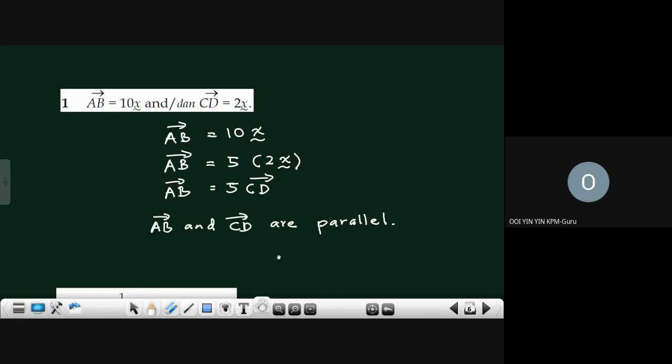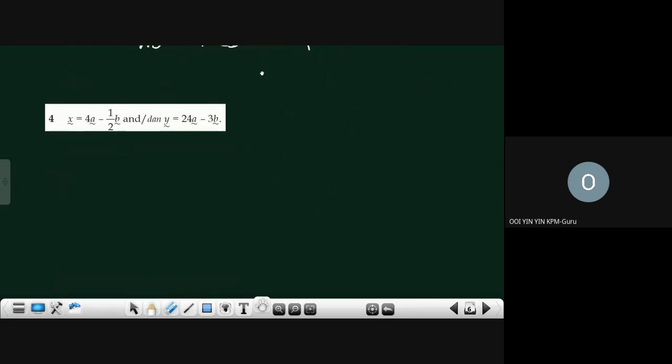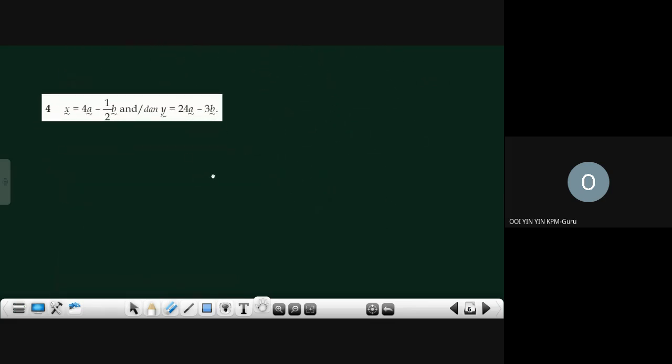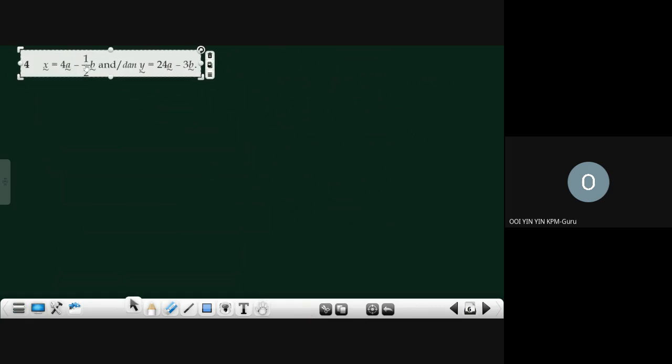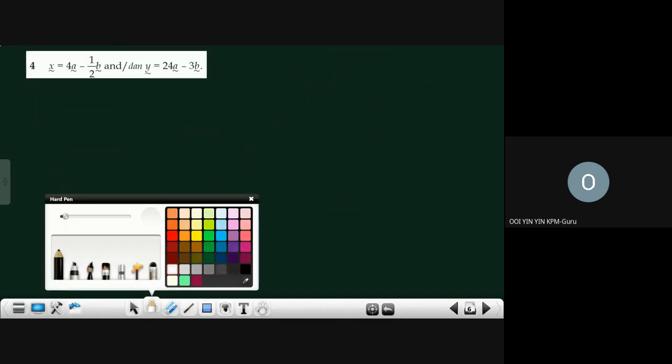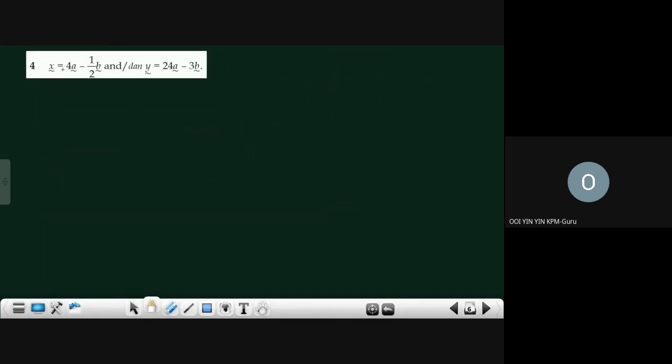Next, question 4. x equals 4a minus 1 over 2 b, and y equals 24a minus 3b.